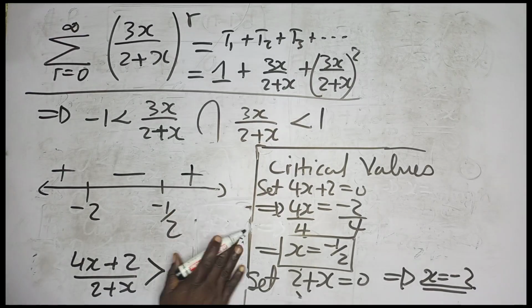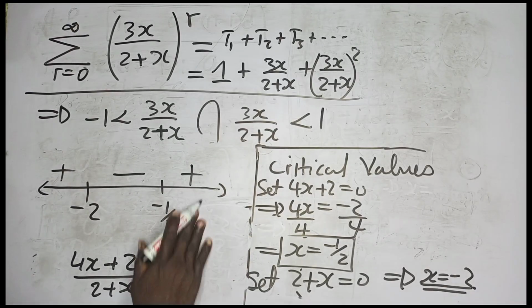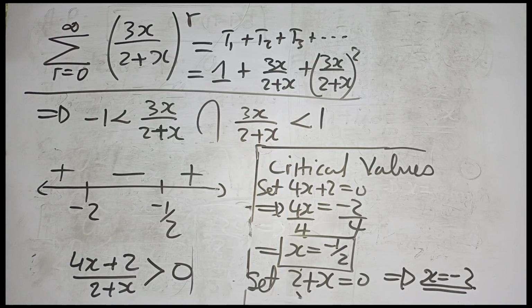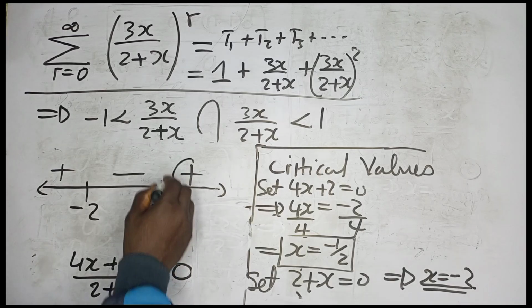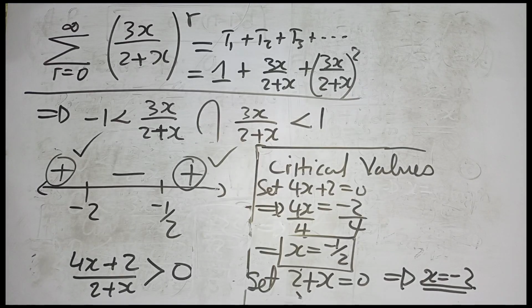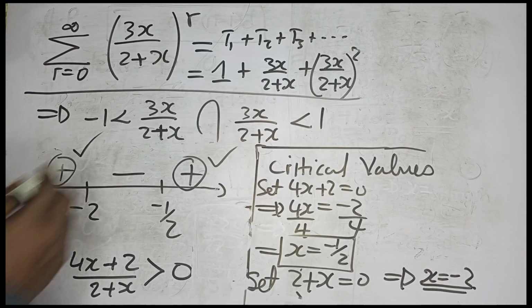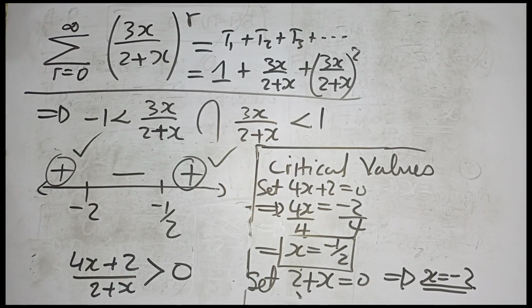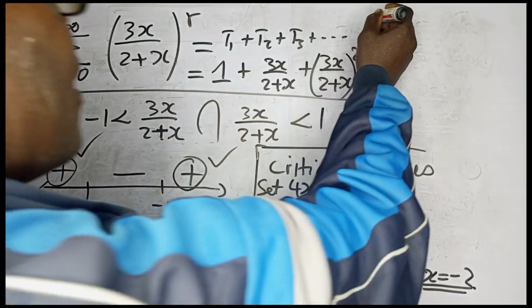Okay. So this is what our linear analysis has given us. But we're going to be interested only in the zones where we have results greater than 0. Greater than 0 means positive. So our solution set lie in these zones where we have positive. So for this left-hand side, let's write it here.